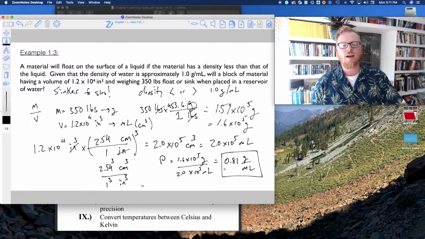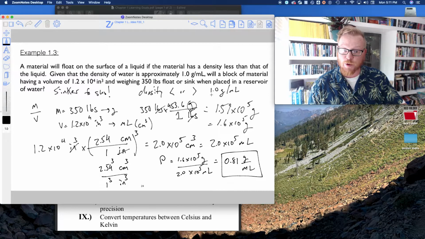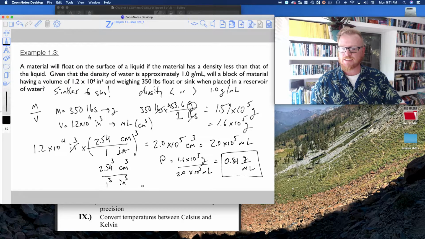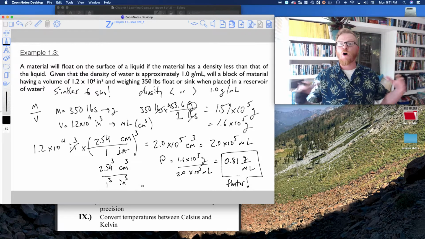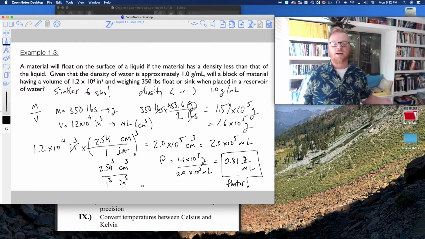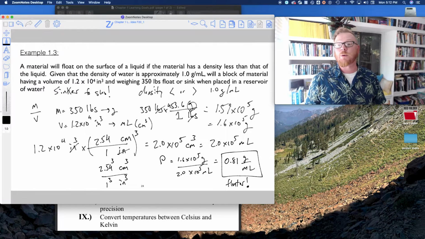Uh-oh. I thought for sure this thing was going to sink. It would sink if it had a density greater than 1.0 grams per milliliter. But the density was 0.8, so that means it's definitely a floater. That 350 pounds seems deceiving, but its volume was large enough that it would actually float on water. So maybe this thing was a giant, heavy boat.